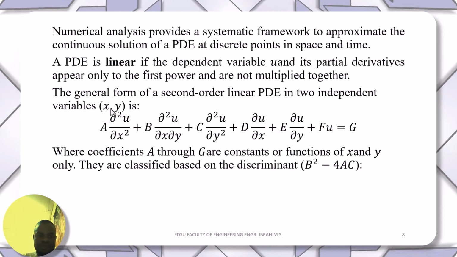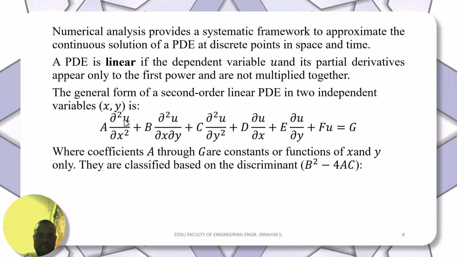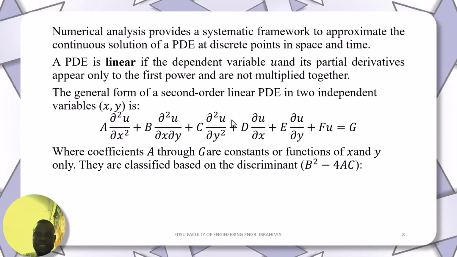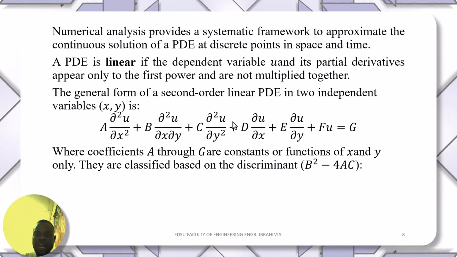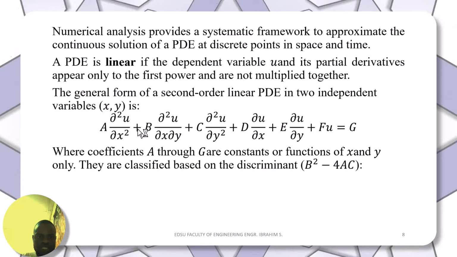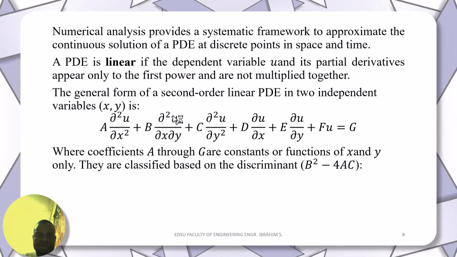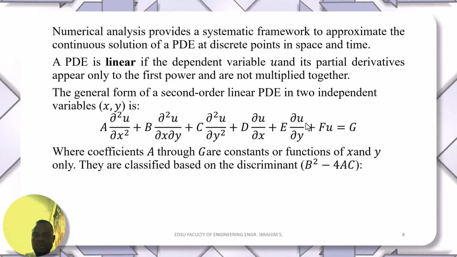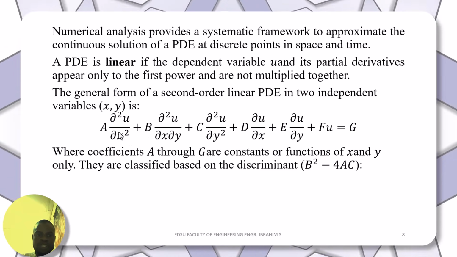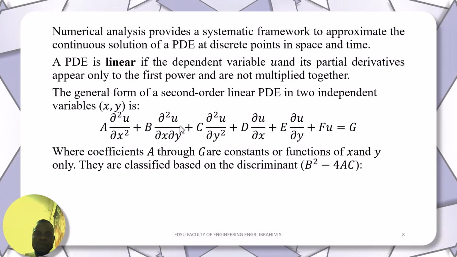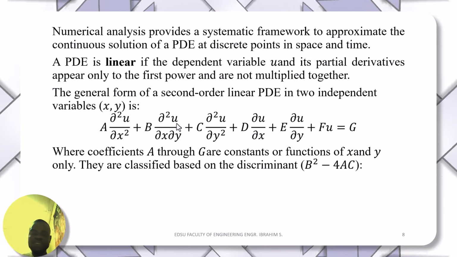As you can see, here you are differentiating u with respect to x and y. So you will not see a function here that is multiplying u. Otherwise, if you see a function here, a derivative, that is also multiplying u, then it means it's not linear.